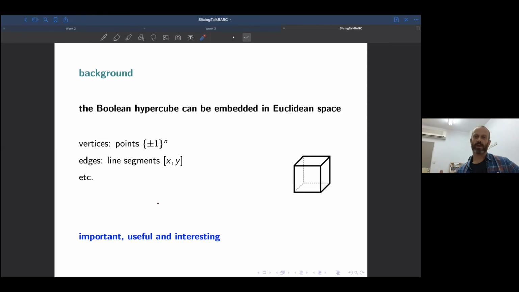So we have this Euclidean geometry that lives around this hypercube, and this geometric representation is very important.